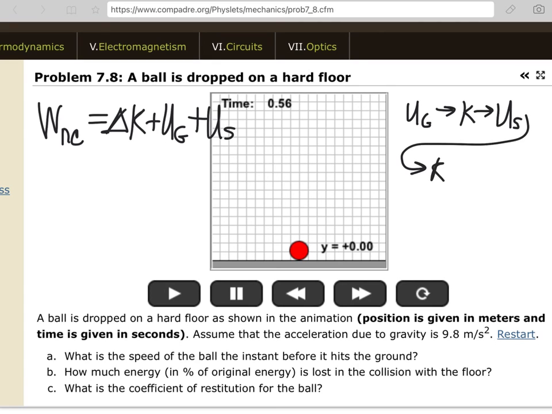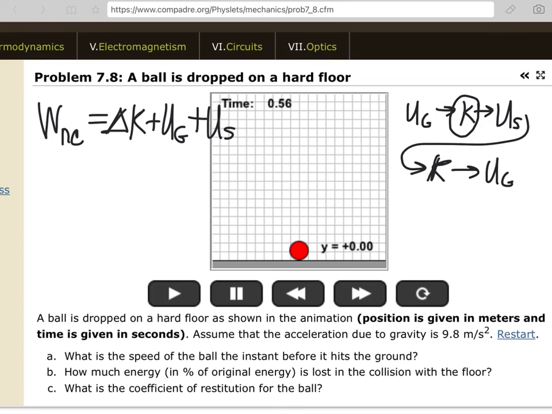giving us kinetic energy, but it's going to be less kinetic energy than when it went in. Why? Because the kinetic energy then goes back into gravitational potential energy, and the only time there's work is during the compression of the ball, because the ball is not a perfect spring. There is some non-conservative force.